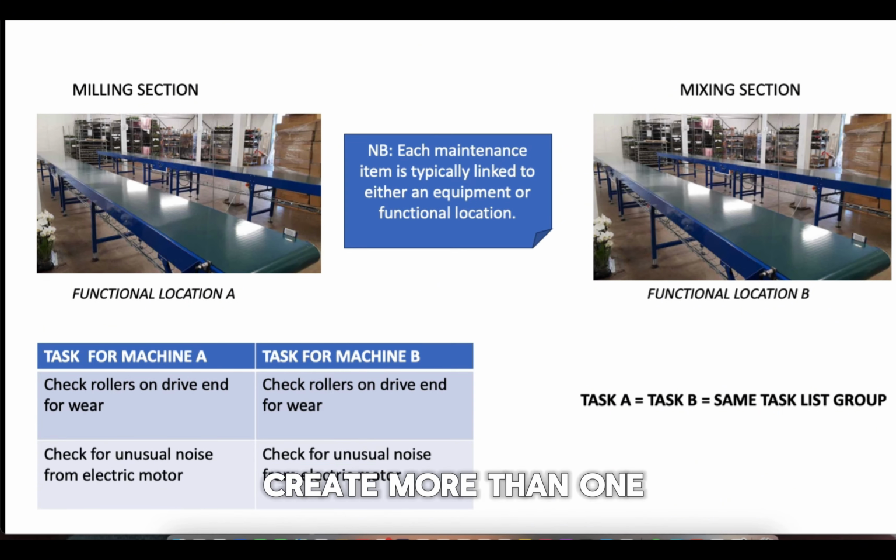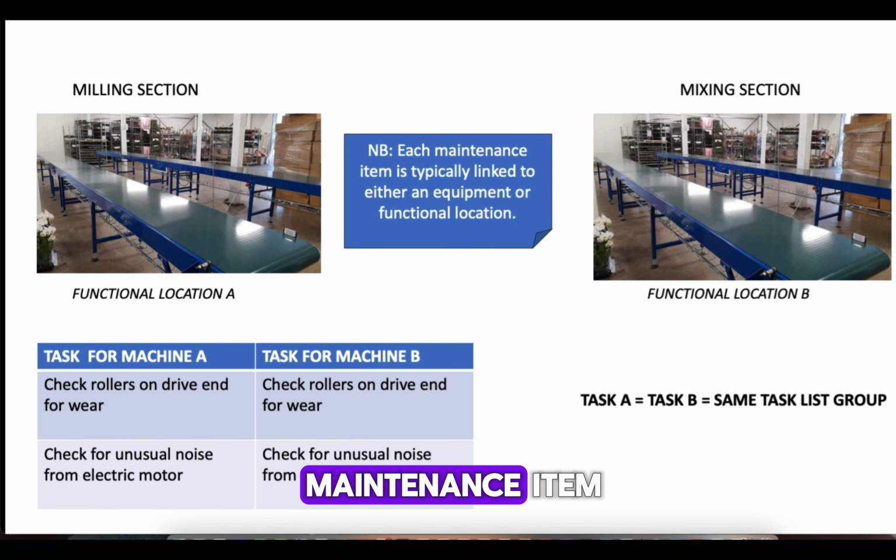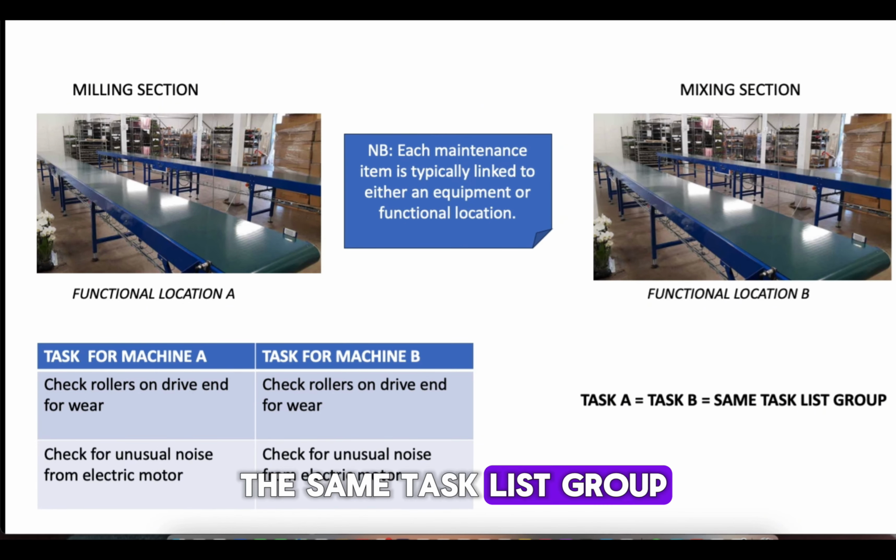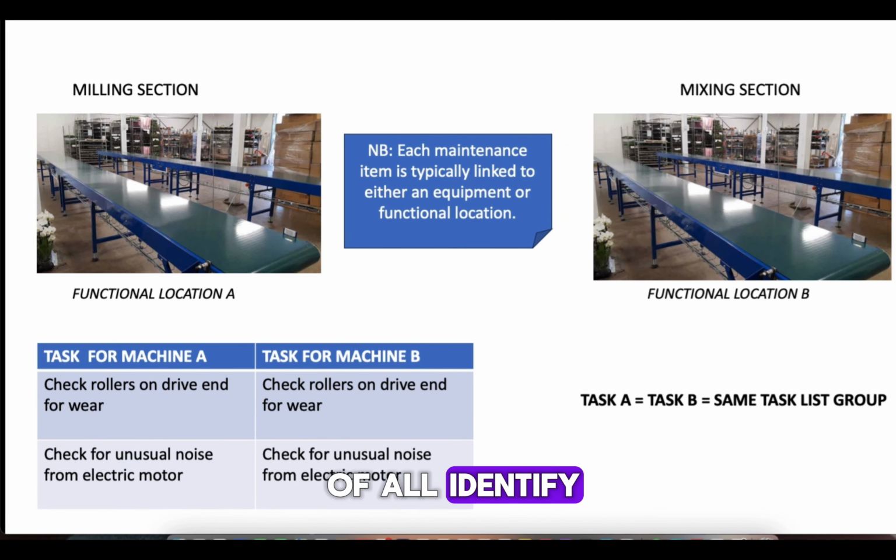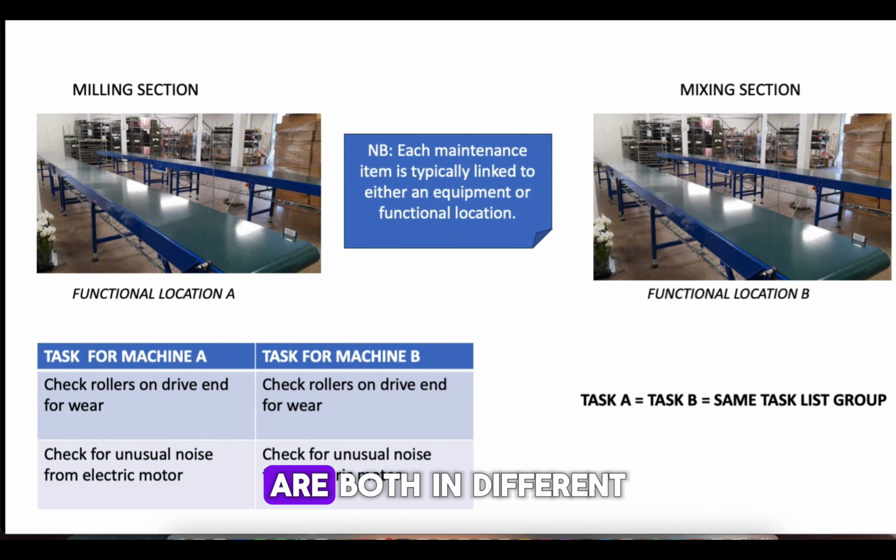So let's then answer the question: when do we create more than one maintenance item for the same task list group? When you create more than one maintenance item for the same task list group, you have to first of all identify if these machines are in different functional locations, and also if their packages are similar. Now, what do I mean by their package being similar?